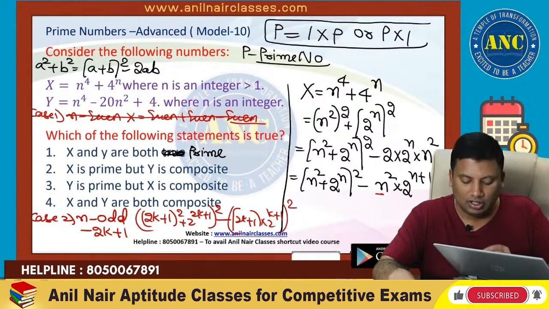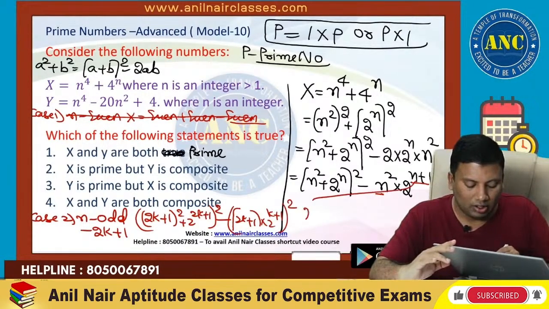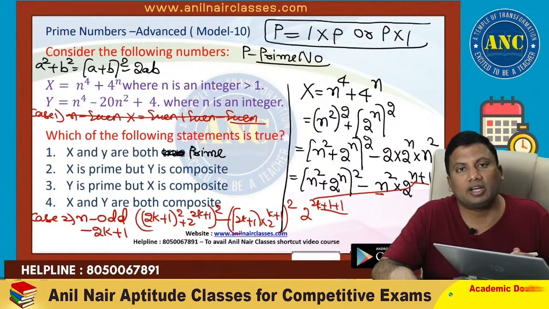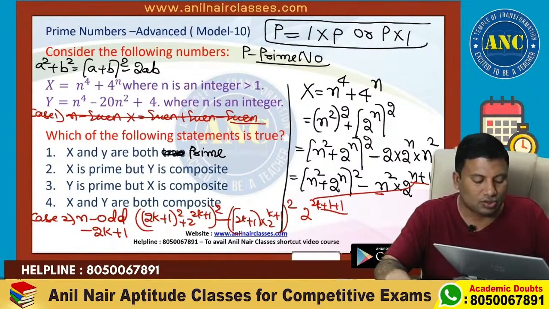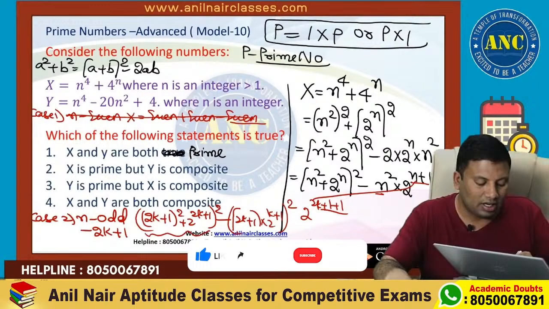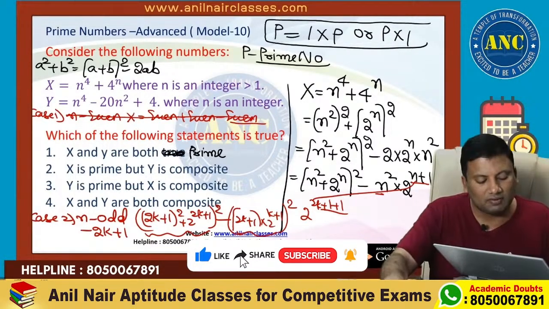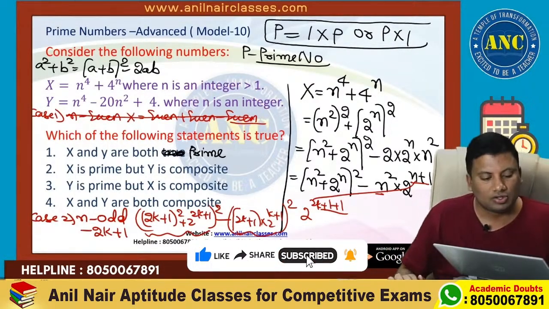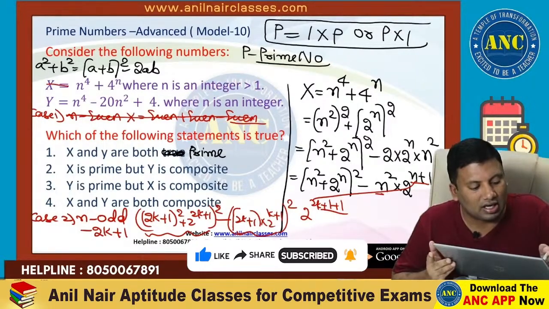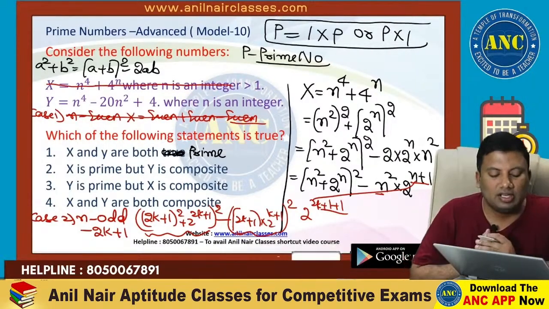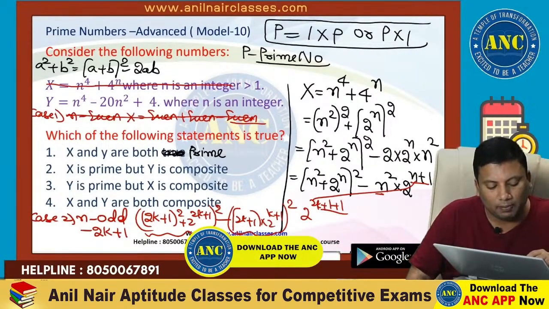Am I right? So these are nothing but 2 power (2k plus 1 plus 1). 2k plus 2 can be written as 2 into (k plus 1). Now this is a square minus b square. Both of them are not giving me 1. So the answer is x is a composite number.